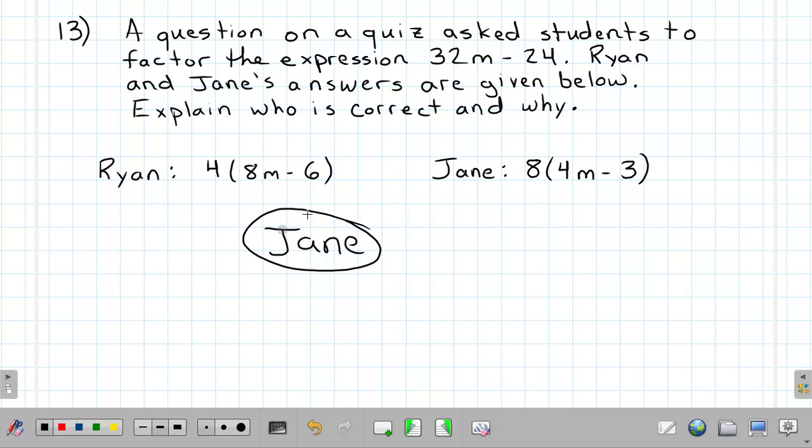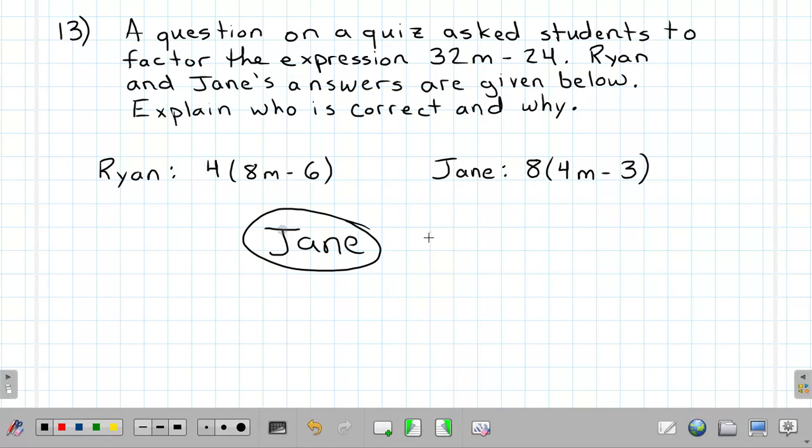And then it says why. In this case, when you get a question like this, it's kind of just up to you. Write out what you think, but one possible way you could explain why is Jane factored out the greatest common factor, whereas Ryan did not.